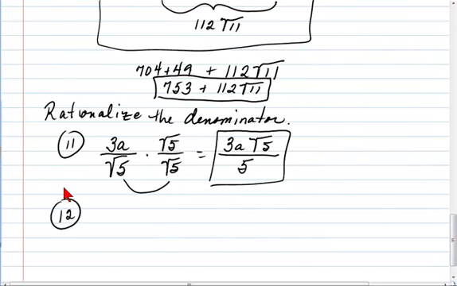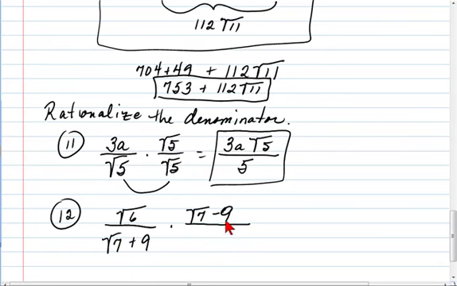Problem number 12 has the square root of 6 over the square root of 7 plus 9. To rationalize this denominator, because it has two terms, I need to use the conjugate. So it's the square root of 7 minus 9. I'm going to use the distributive property.